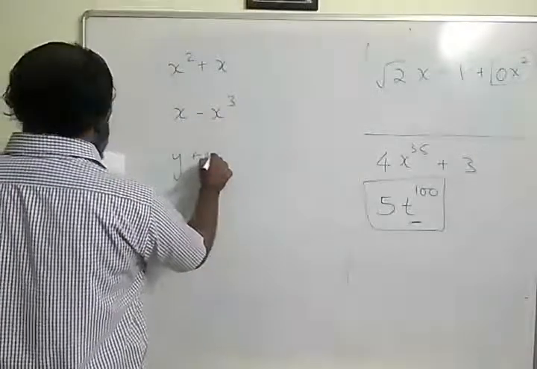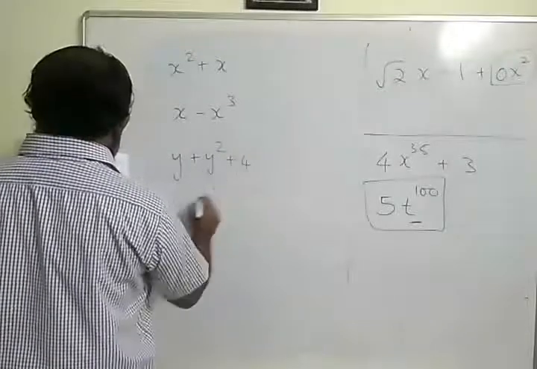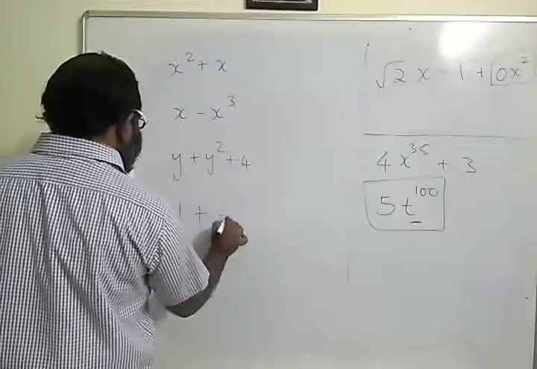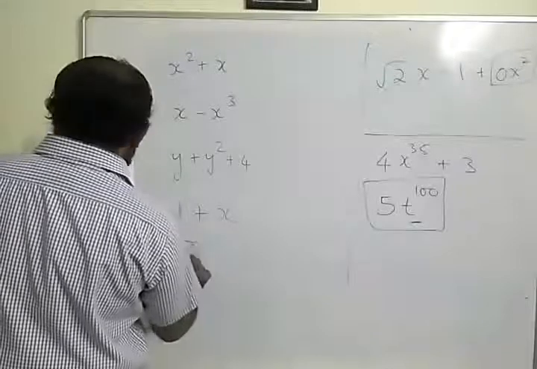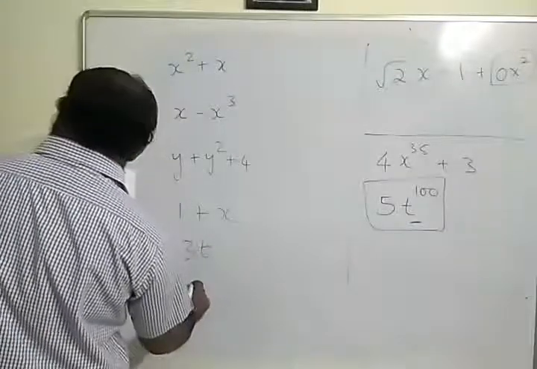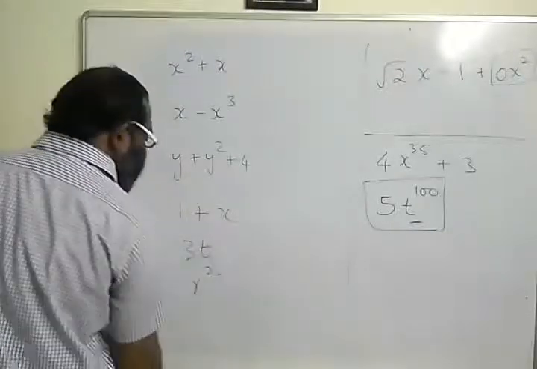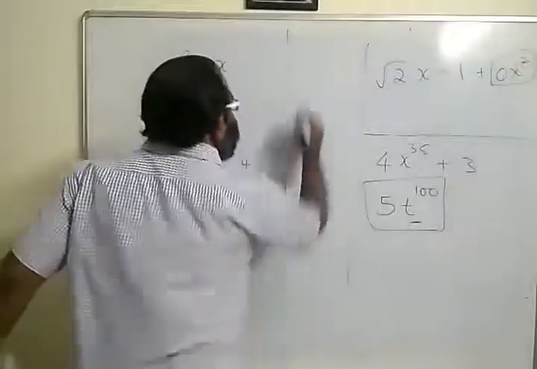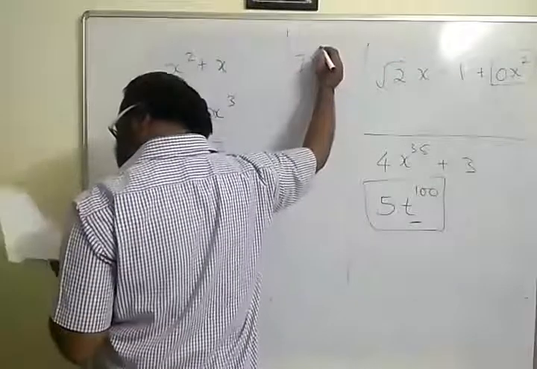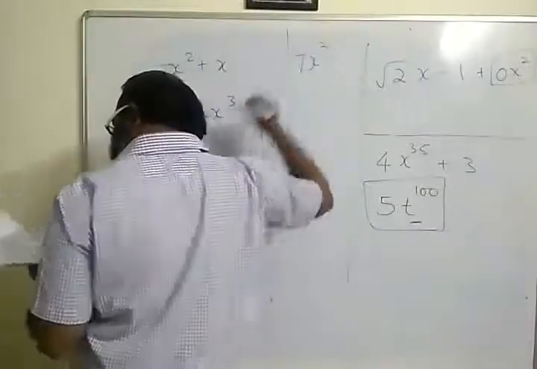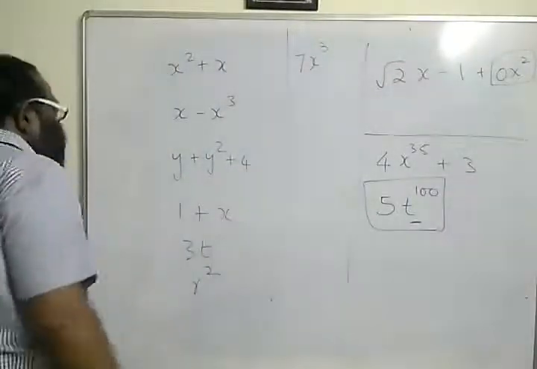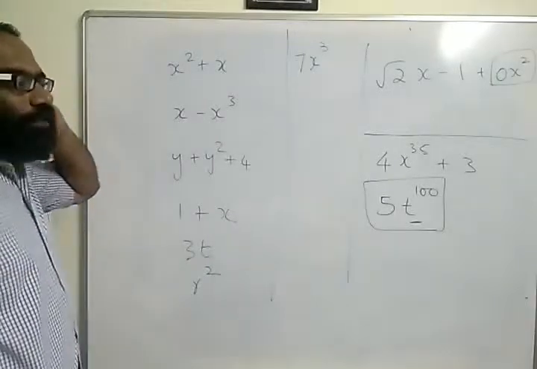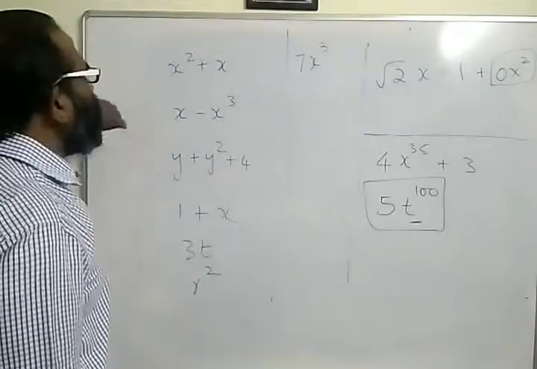Y plus y squared plus 4, 1 plus x, 3t, r squared, and 7 x cube. So the question is, find out whether they are linear, quadratic or cubic polynomials.